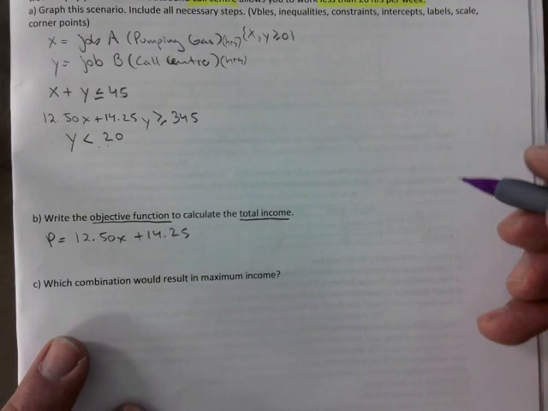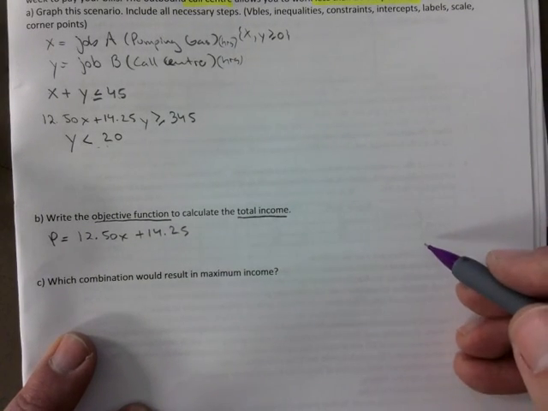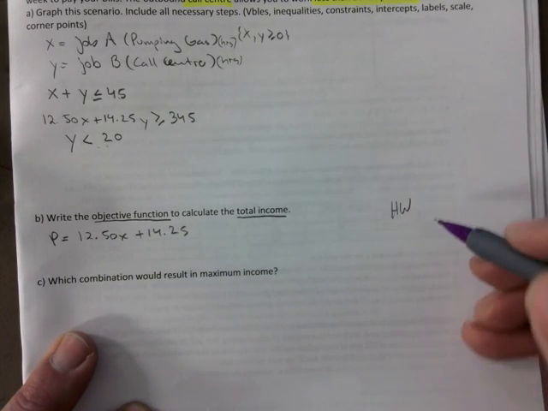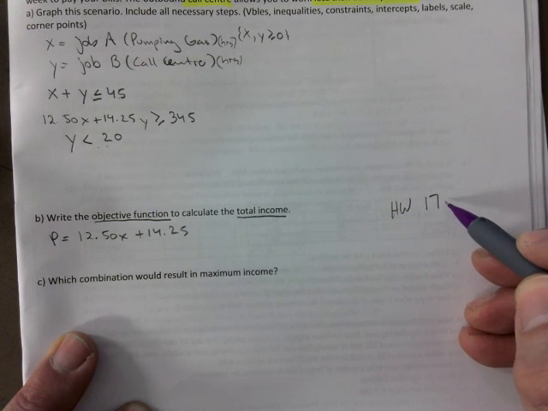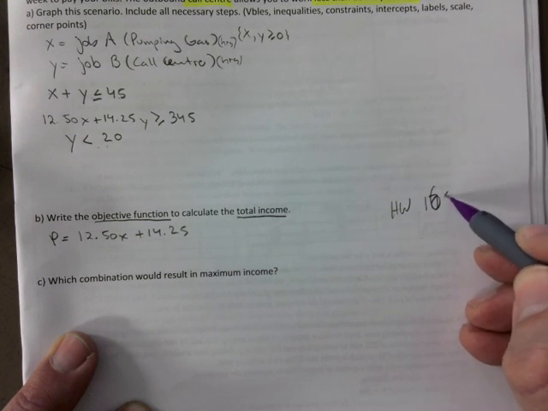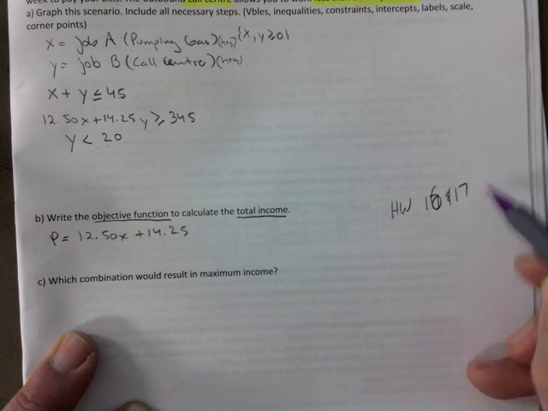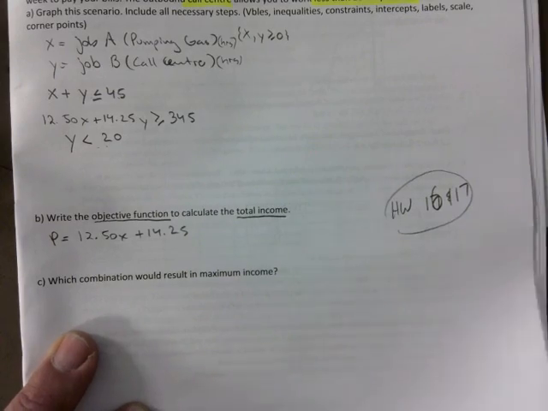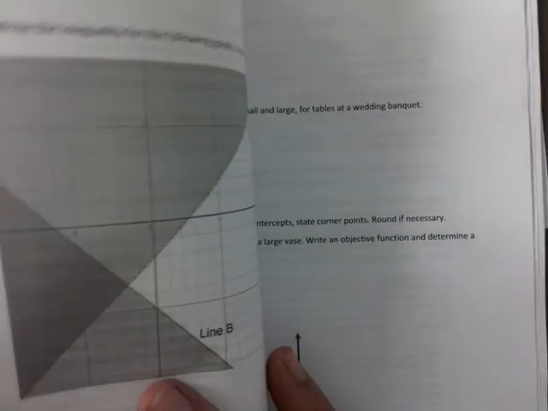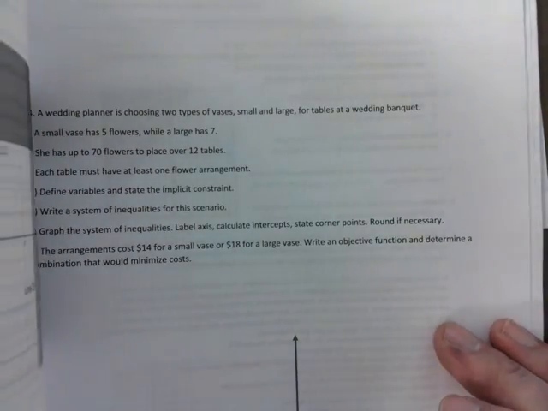So this is your homework. Hold on. Make sure you write this down. 16 and 17, sorry. So you're going to do the graph and all of that. And if you want to get ready for tomorrow, page 20.